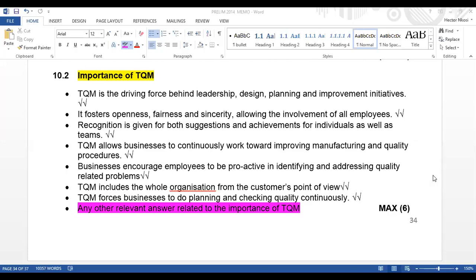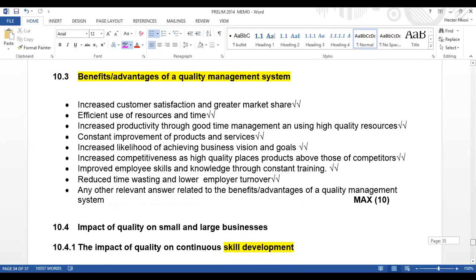All right. Now, let's look at the second pillar of our body. The second pillar is the benefits, good things, or advantages of total quality management. What are the good things for us as a business to have a total quality system?